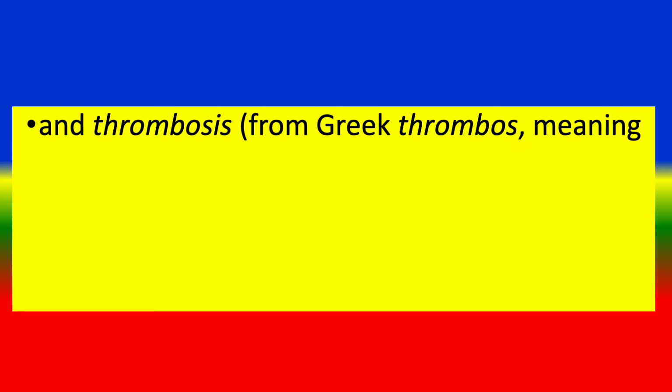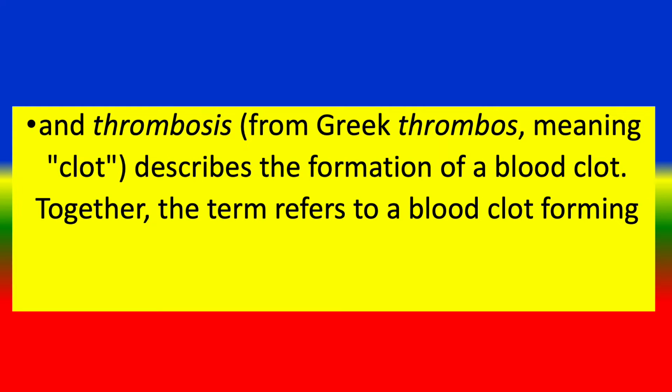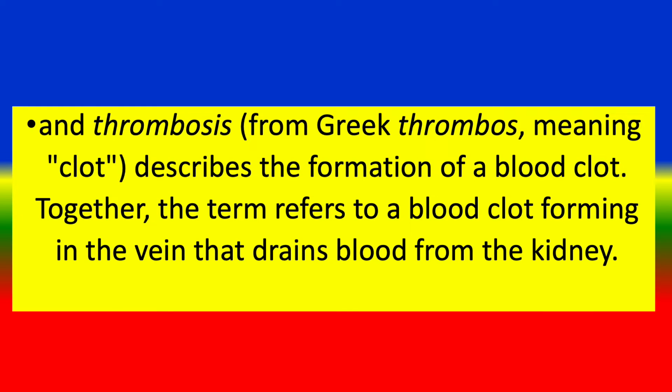And thrombosis, from Greek thrombos, meaning clot, describes the formation of a blood clot. Together, the term refers to a blood clot forming in the vein that drains blood from the kidney.